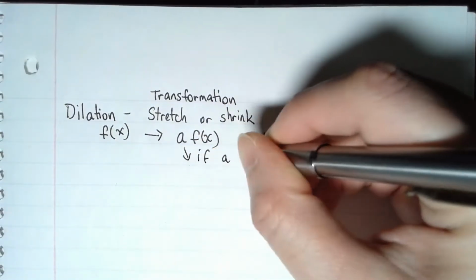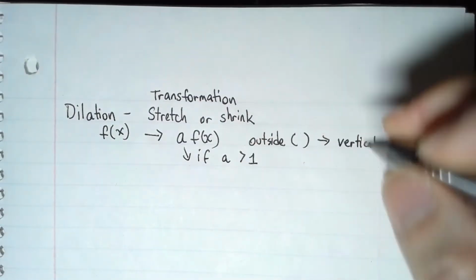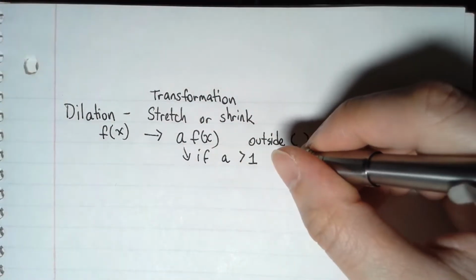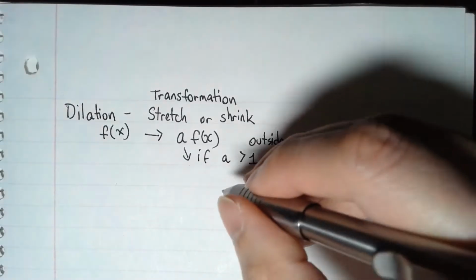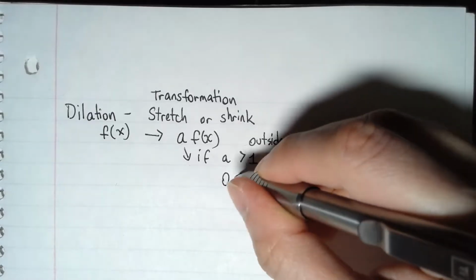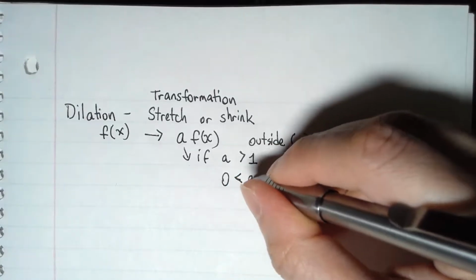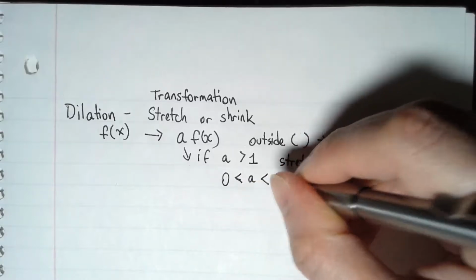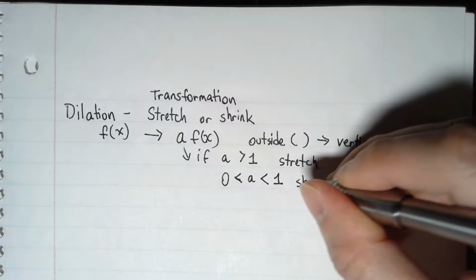If a is greater than 1, then I know that it is a stretch. Now, if a is greater than 0 but less than 1, then I know it is a shrink.